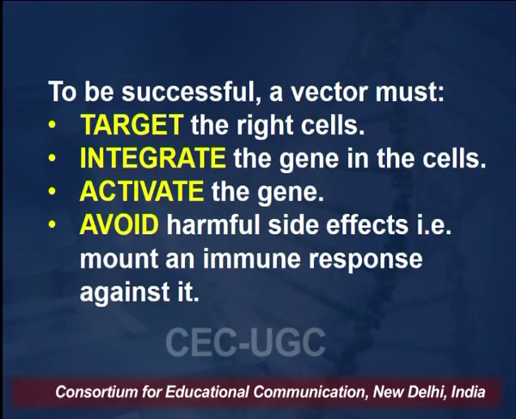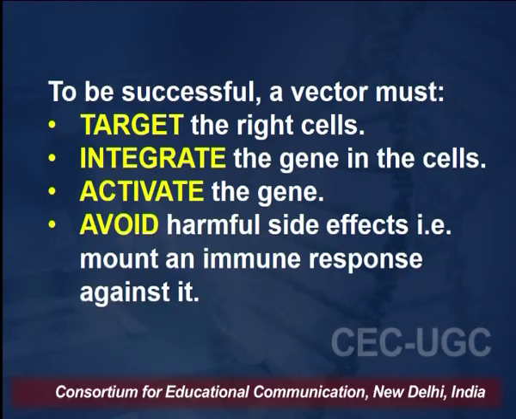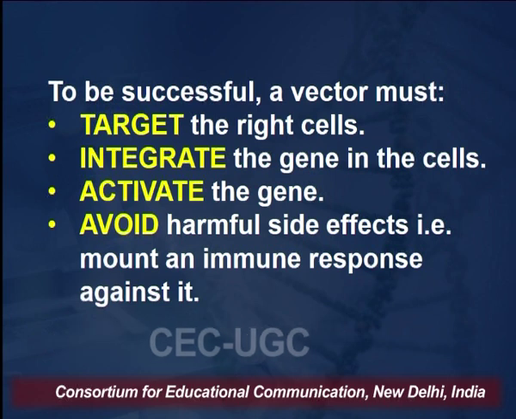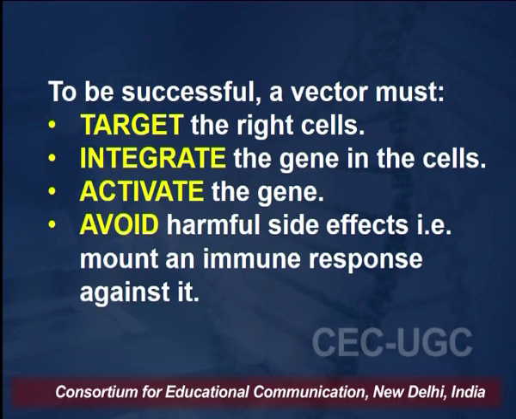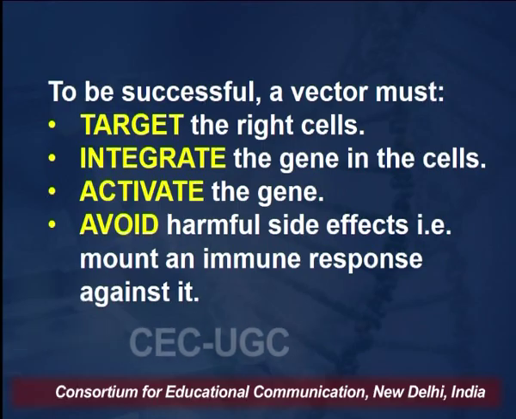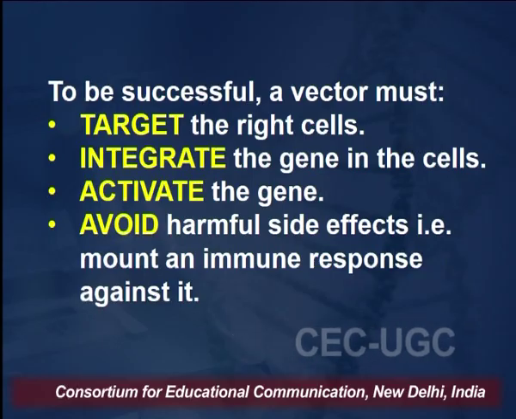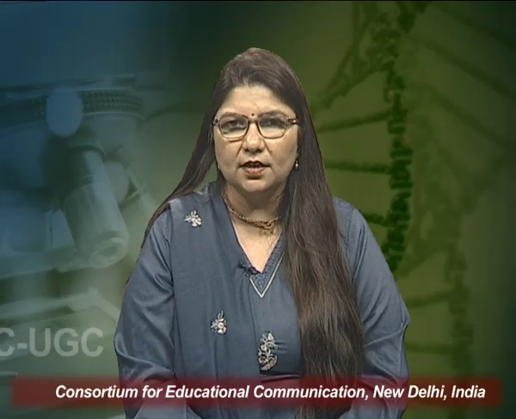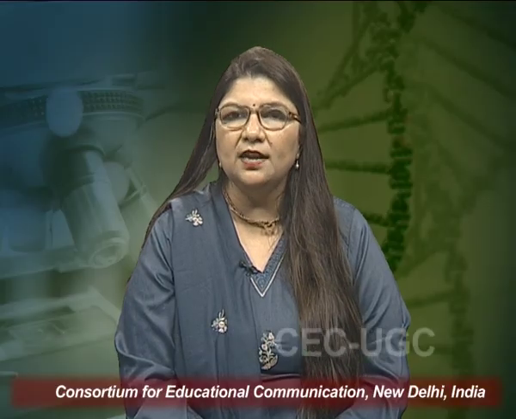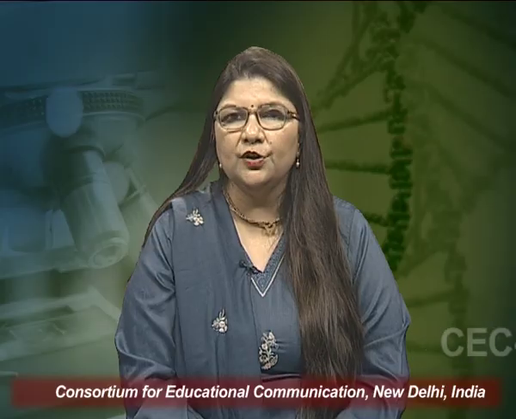Now to be successful, a vector must, when we talk about the vector in the in vivo gene therapy, the important characteristics the vector must possess are these. First, it must target the right cells. These things basically limit the use of various techniques and methods and give rise to the risks or side effects associated with these biotechnology techniques when applied to human individuals.